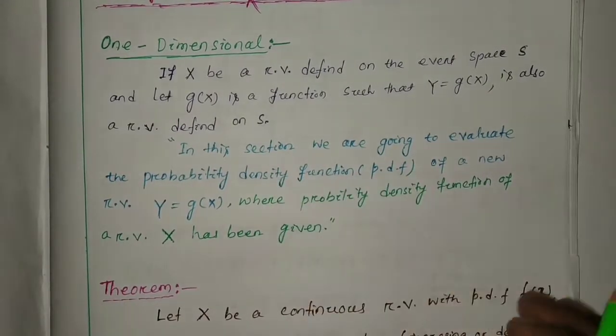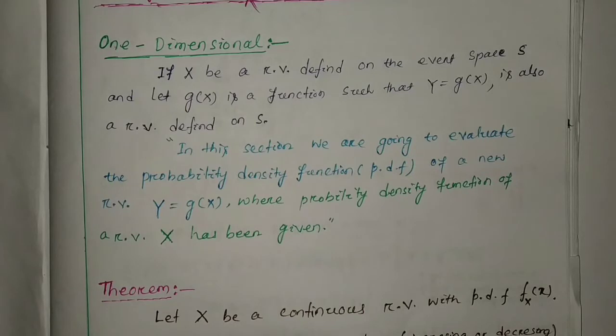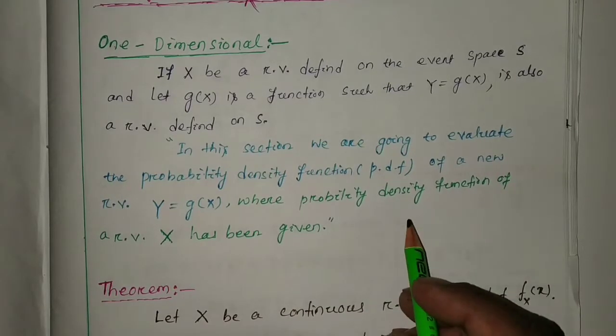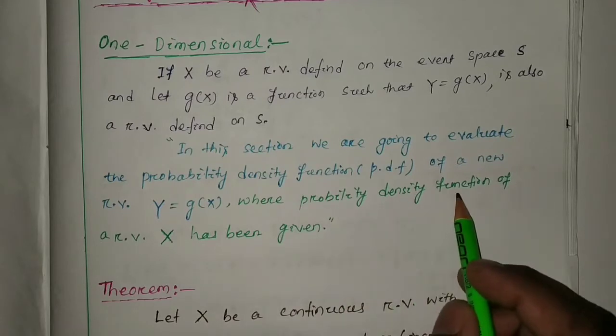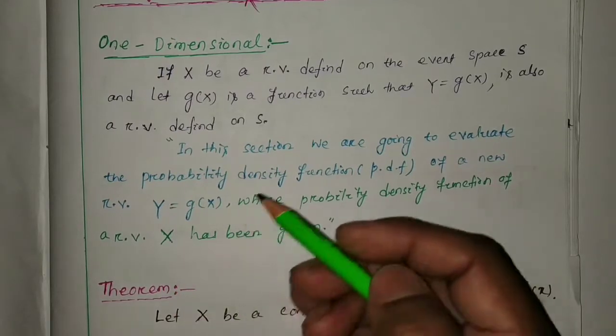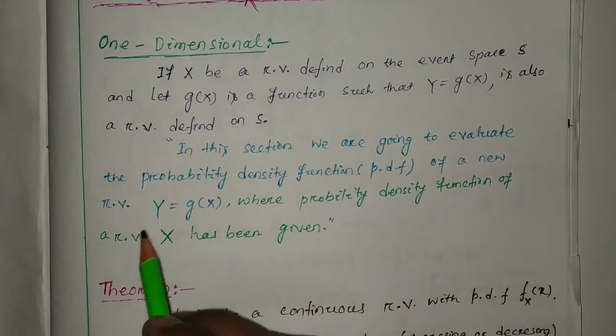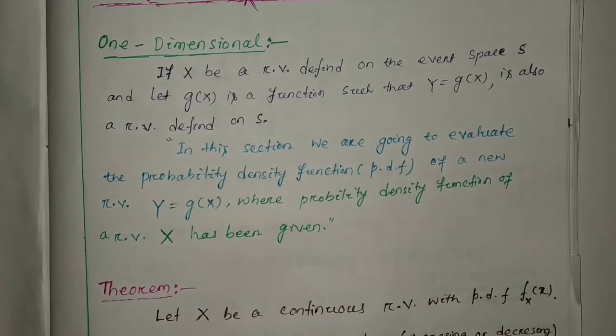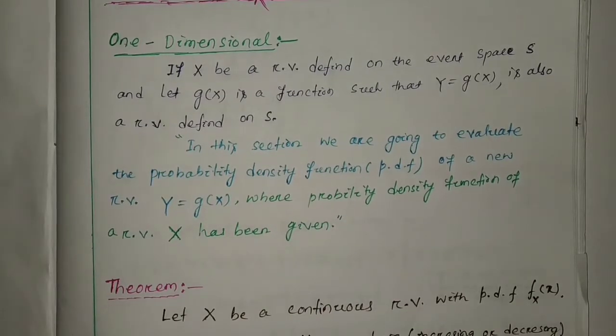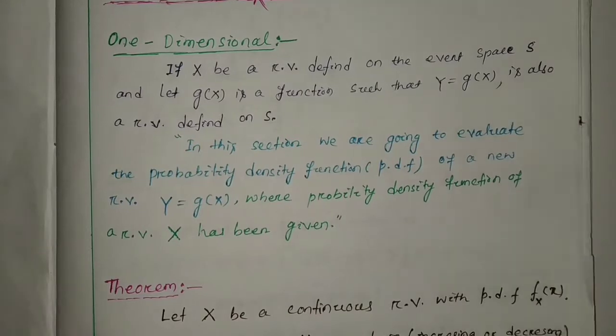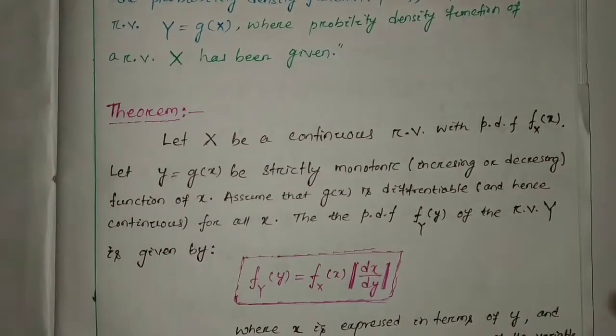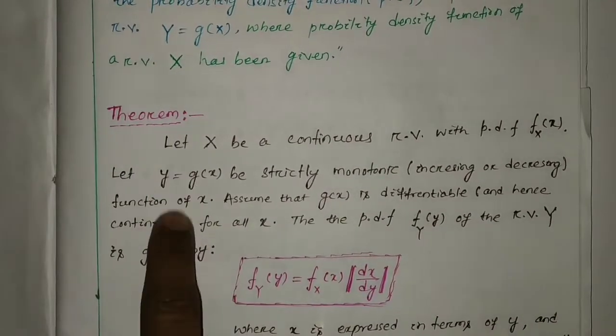That means in this section, we already have the probability density function of x and we have to find the probability density function of y. How will it be done? That can be done by the theorem. This is the theorem.